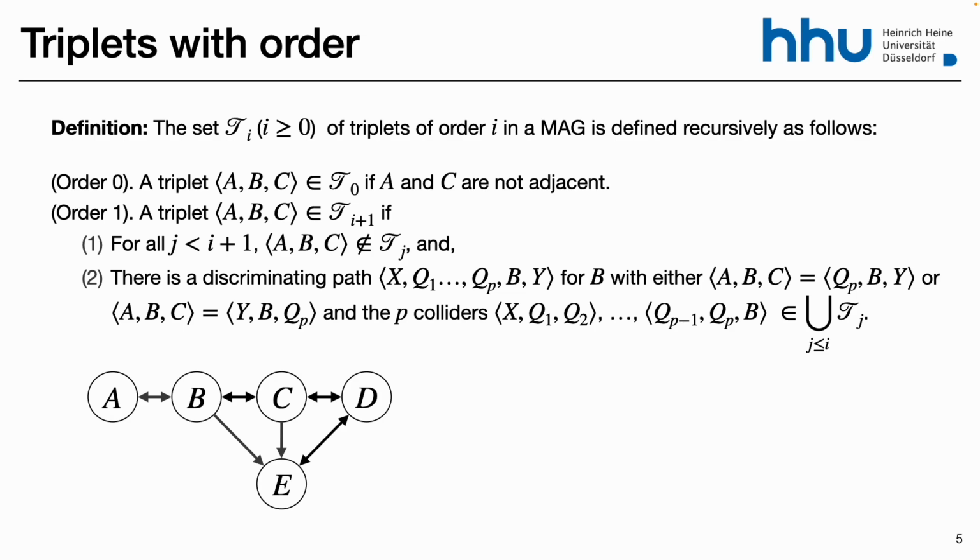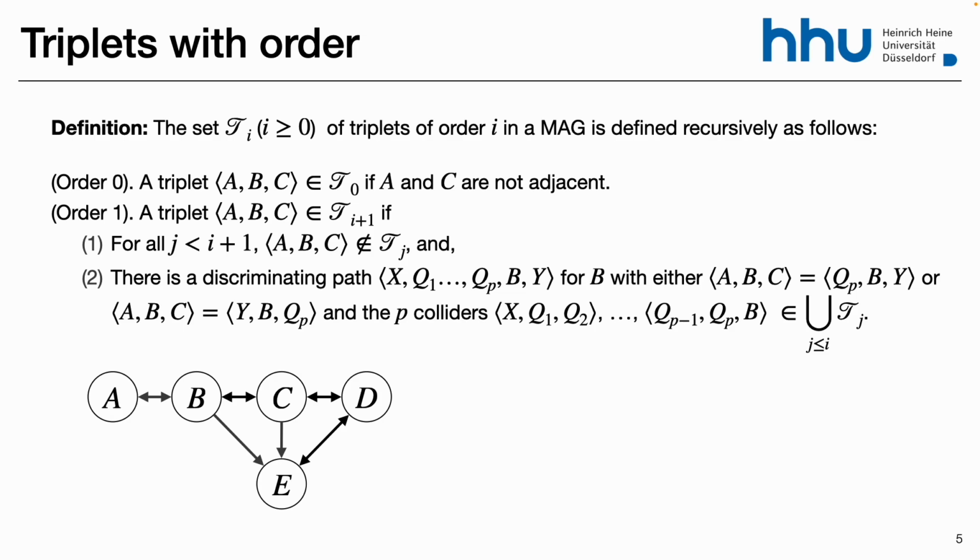Now, for order 1, I prefer the intuition. You need to condition on one variable first to then detect the variable of the triplet that I'm talking about. I'm going to give you an example just because it's the first example for you. Let's talk about the triplet BCE.